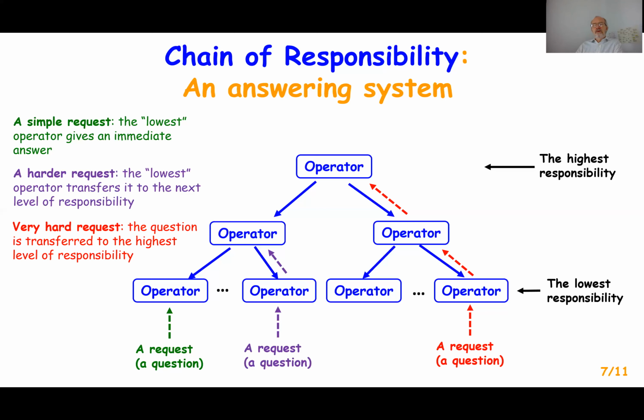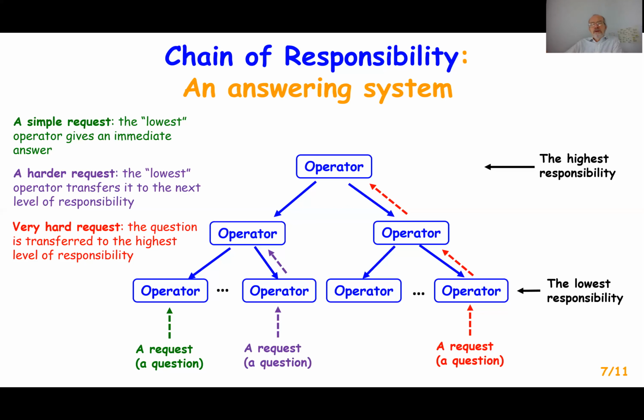Okay, and the other, harder case is that an input request is quite hard. In that case, the lowest level operator transfers it to the upper level. The upper level operator concludes that only the highest responsibility level can give the response. In that case, the mid-level operator again transfers this request to the upper level. Of course, you can ask what if the highest responsibility level still cannot give the answer?